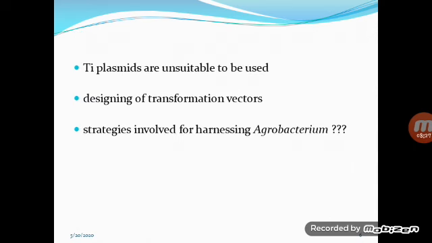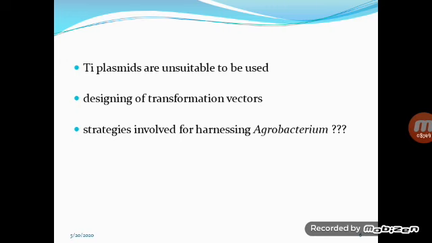The natural Ti plasmids are unsuitable to be used directly as vectors for in vitro manipulation due to some reasons. What are the reasons due to which natural Ti plasmids are unsuitable?